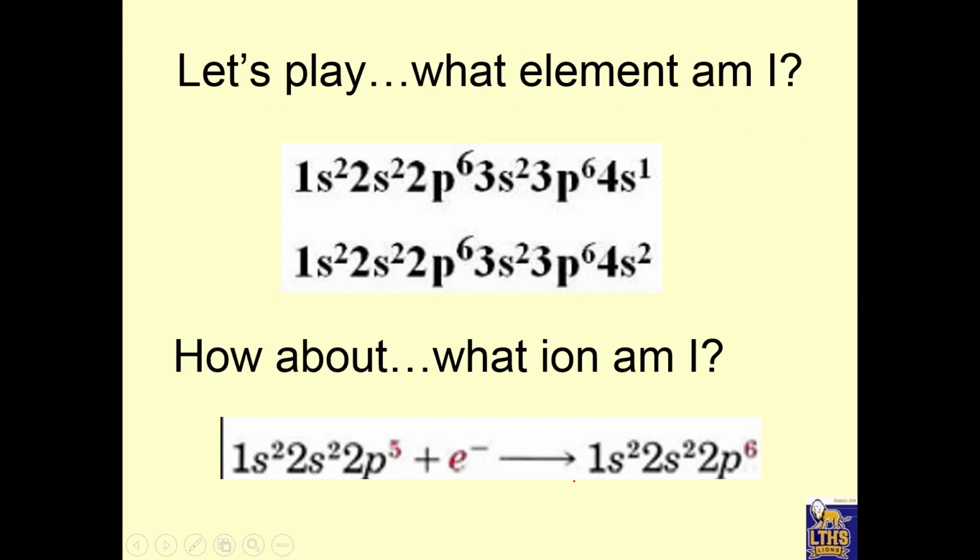Let's play what element am I? So if these are elements, then protons equal electrons. So we can add them up. We've got 10, 18, 19. This is potassium. All right, so we have 10, 18, 19, 20. This is calcium. Yay. Okay. What ion am I?